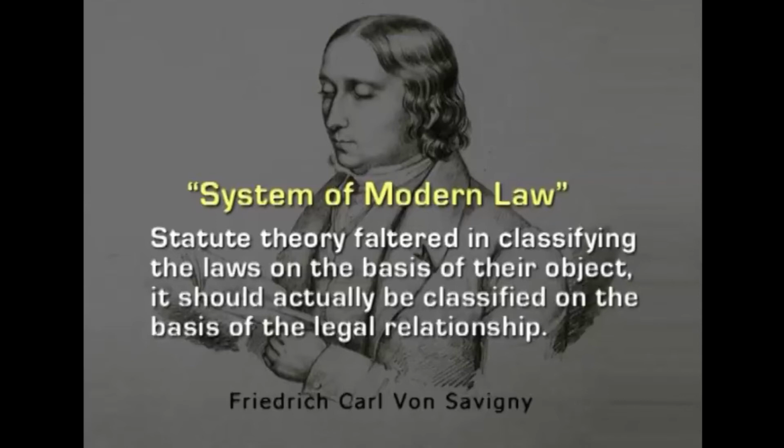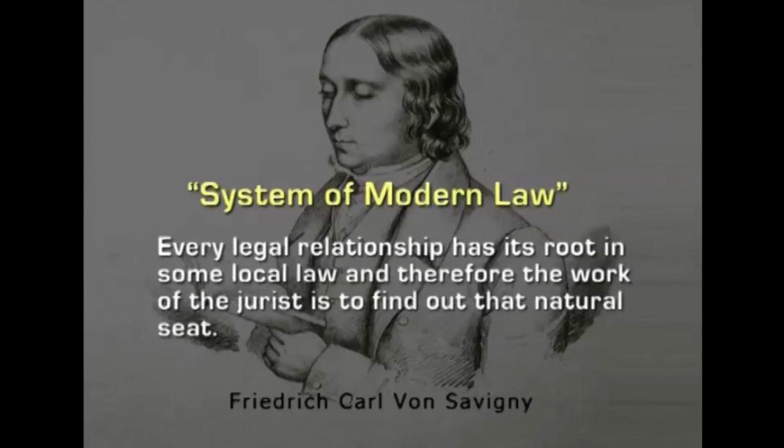It should actually be classified on the basis of the legal relationship. Every legal relationship has its root in some local law, and therefore, the work of the jurist is to find out that natural seat. He developed rules to enable one to trace the legal relationship.